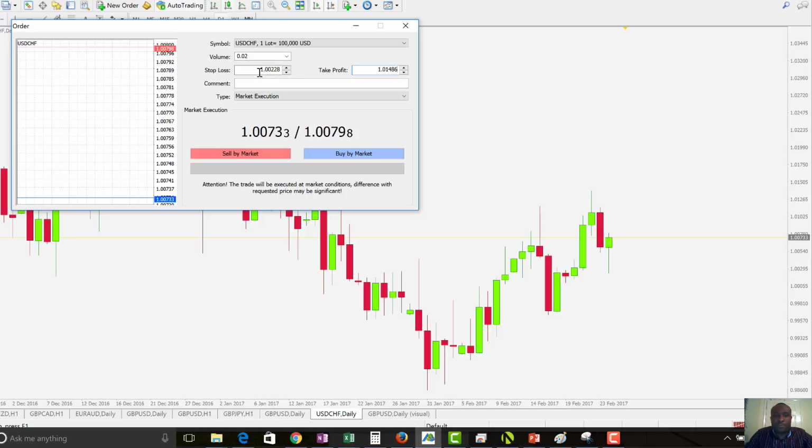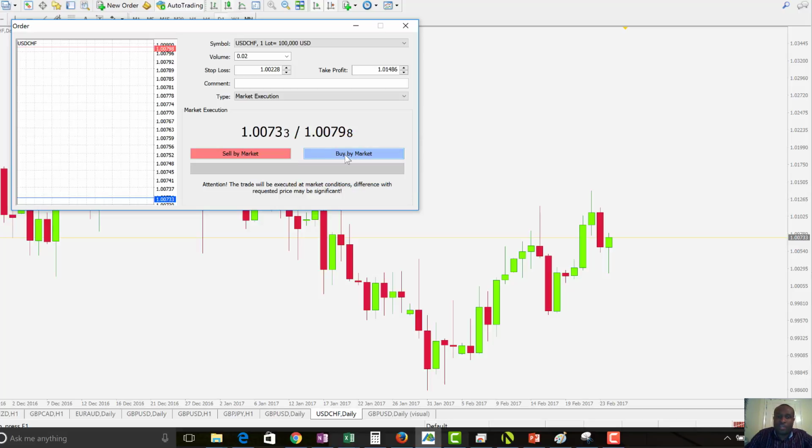The stop loss is 1.0028. Take profit is 1.01486. Now, the type of trade, in this case explaining an instant market order, and that is market execution or pending order, but I'm going to choose market execution, and then all I need to do at this point now is press buy by market.